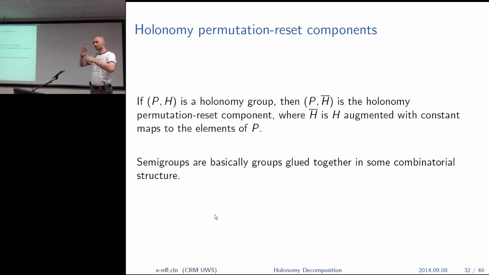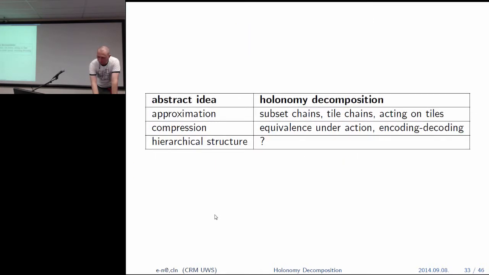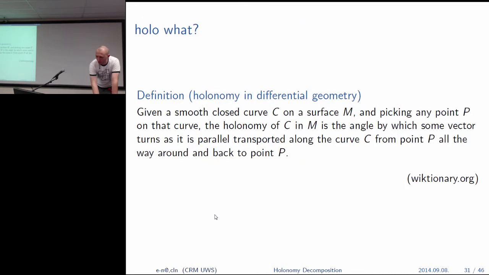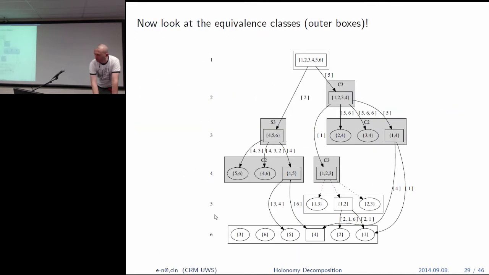We have the reversible structures, the groups, plus the constant maps, and that's how you can remove the bar. Okay, so that was the compression, except that I didn't mention exactly the compression. But if I go back to this picture, see that the equivalence class has only one label indicating the holonomy group acting on that.